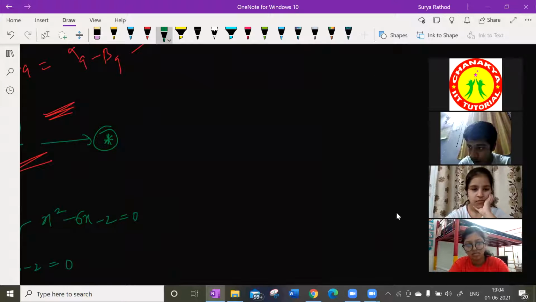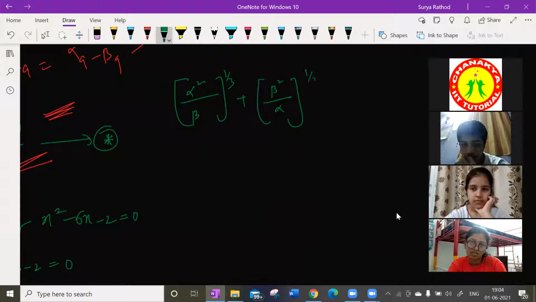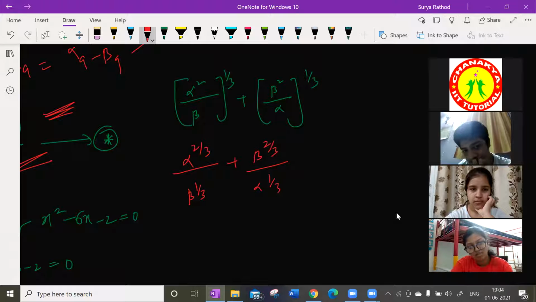See here. What is given? Alpha square by beta, this is what is given, right? So this can be written as what? Alpha to the power of 2 by 3 divided by beta to the power of 1 by 3, plus beta to the power of 2 by 3 divided by alpha to the power of 1 by 3, right?